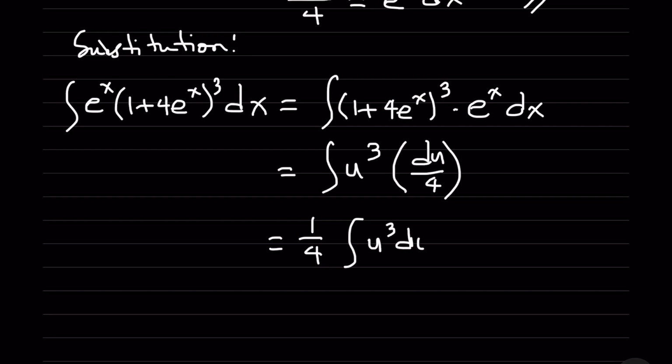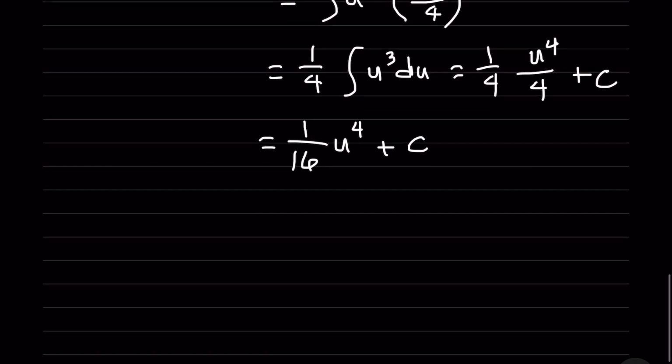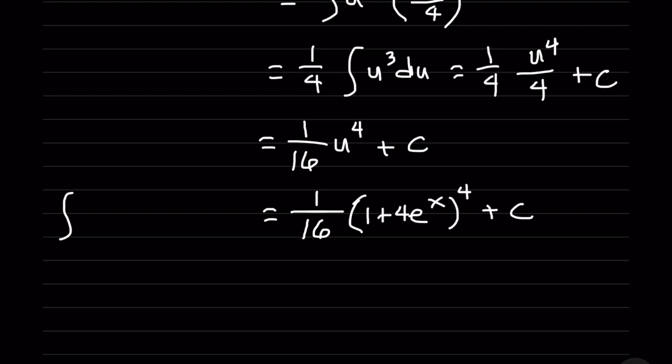We take 1/4 out of the integral. So what you have is 1/4 times u to the 4 divided by 4 plus a constant. So the answer is 1 over 16 times u to the 4, where u is equal to 1 plus 4 times e to the x. So this is the final answer.